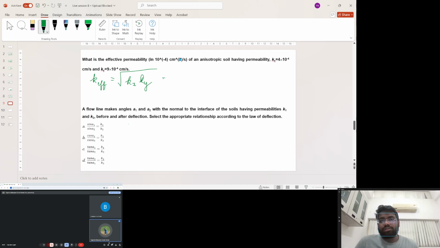So Kx is 4 into 10 power minus 4 into 9 into 10 power minus 4. Taking 10 power minus 4 outside, it is 36, so it will be 6 into 10 power minus 4 centimeter per second. K effective.